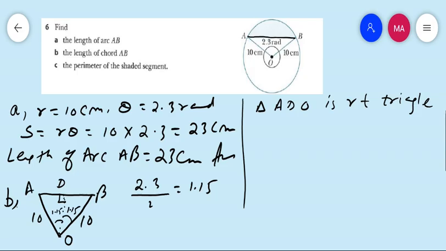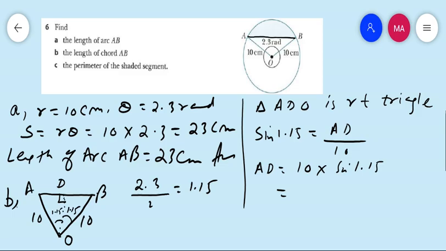No problem. Sine 1.15 is equal to AD upon, opposite upon hypotenuse 10. So AD is equal to 10 multiplied by sine 1.15.